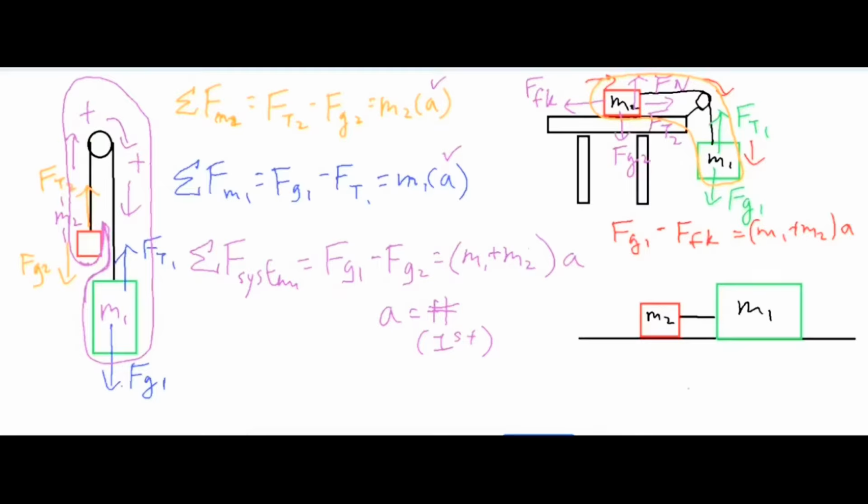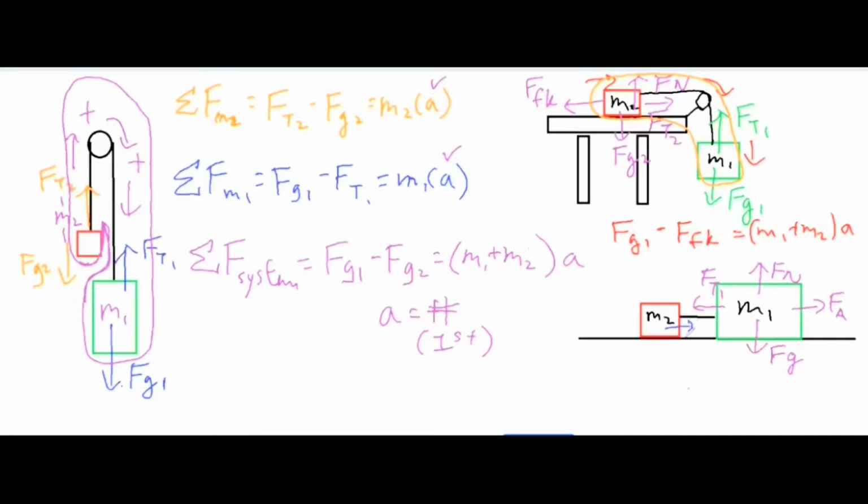Now for our last one, it's sort of a similar idea where we would have maybe an applied force here, normal force here, force of gravity, and then let's say this case would be frictionless, then we would have this FT tugging M1 backwards.